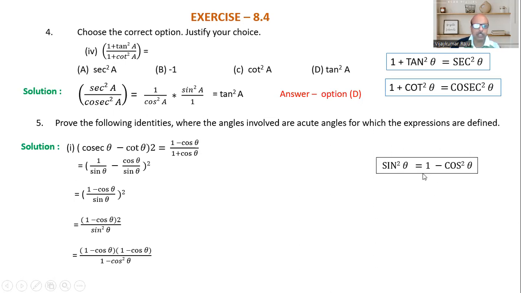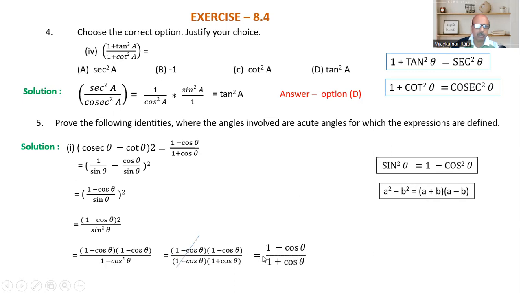A square minus b square is a plus b, a minus b. So let's use that for the denominator. So the numerator is 1 minus cos theta, 1 minus cos theta, and the denominator is 1 minus cos theta, 1 plus cos theta. 1 minus cos theta cancels. So your answer is 1 minus cos theta upon 1 plus cos theta. So this is what we wanted.